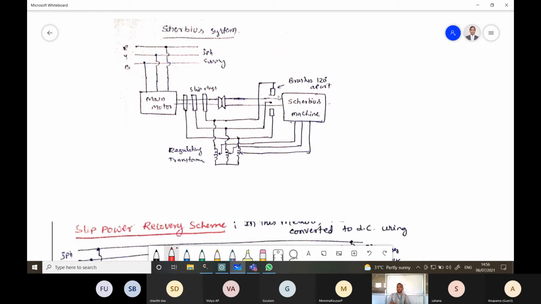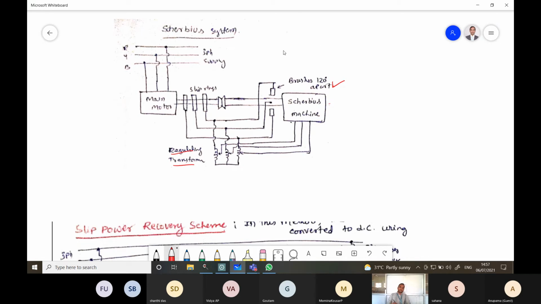The Scherbius machine means the brushes of the machine are connected 120 degrees apart, and for this a regulating transformer is needed. By varying the regulation of the transformer, we can inject the EMF back to the main motor using the Scherbius system.